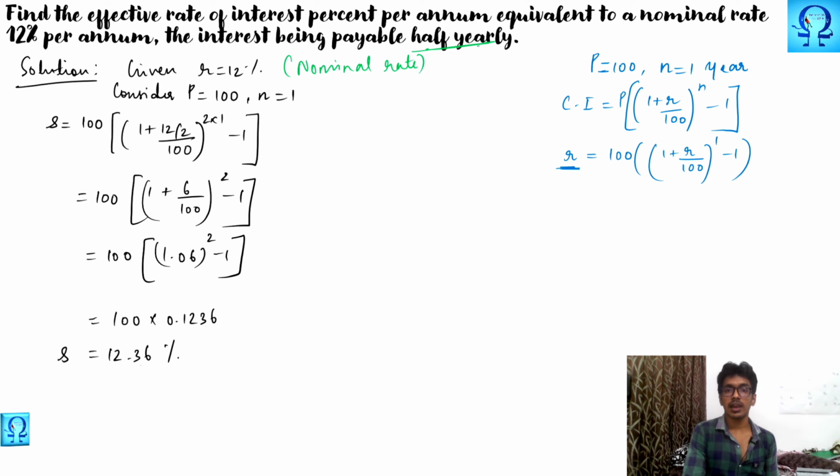But where it is calculated half yearly, that is why you get something different than 12 here. This is known as the effective rate. If you increase the number of calculations per year, you would get more than this. That is going to be the effective rate in that case.